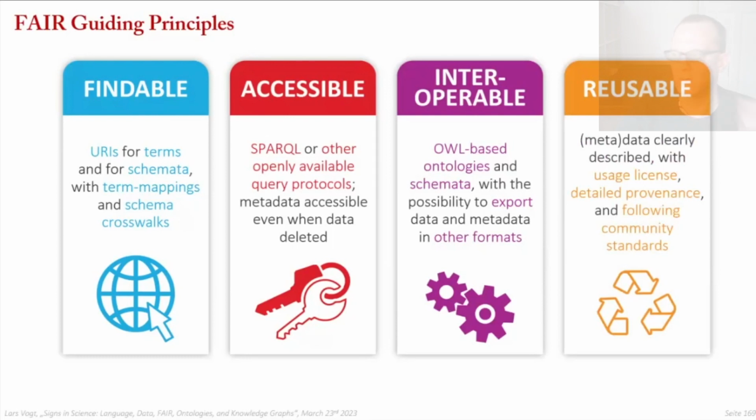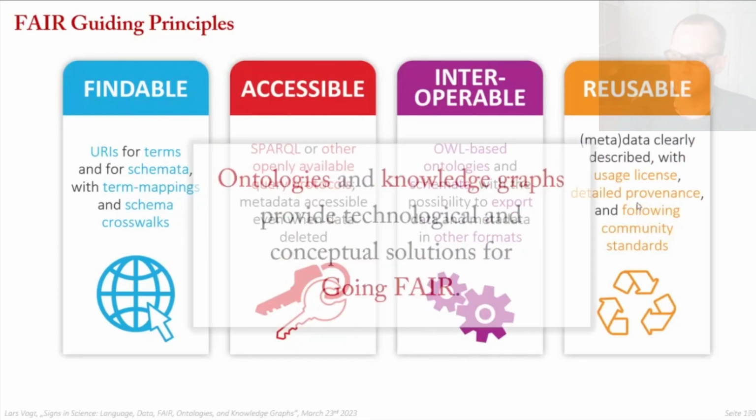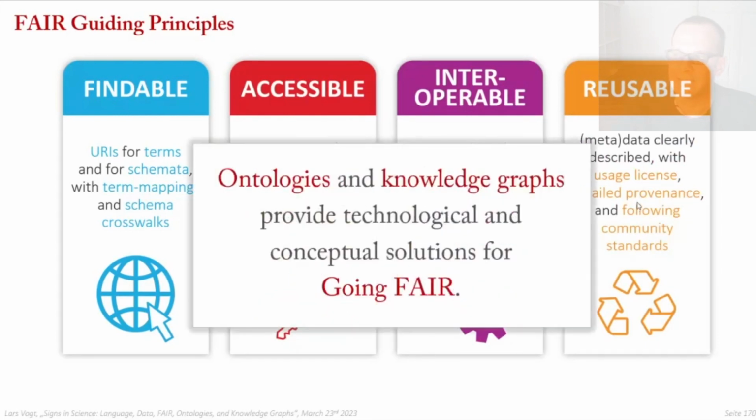So these are more like soft criteria, with clear specification of the usage license, with detailed provenance, and following community standards. And as I said, ontologies and knowledge graphs provide technological and conceptual solutions for going FAIR.